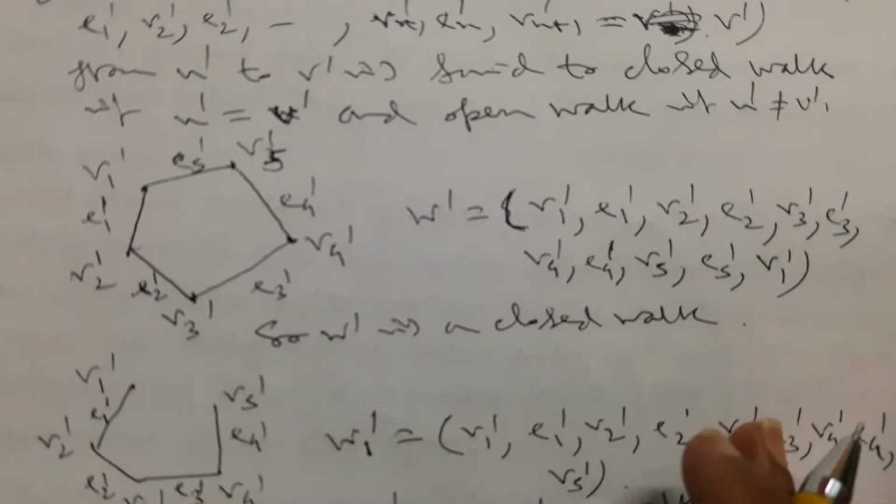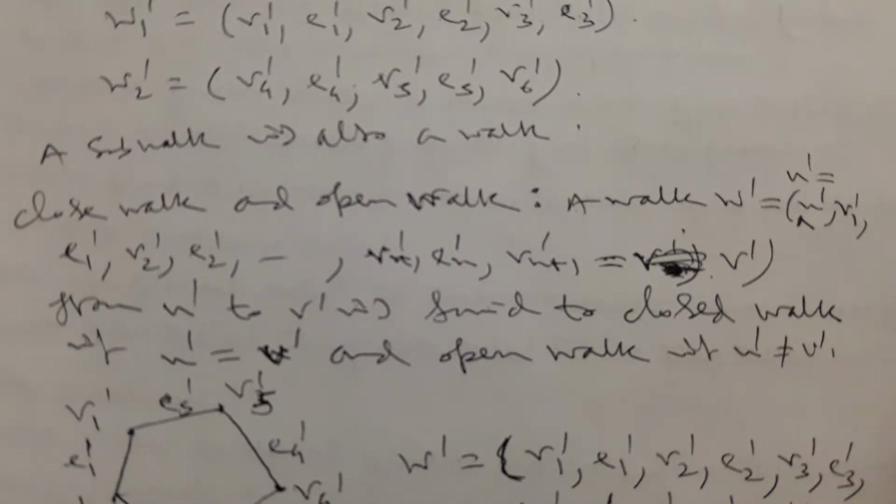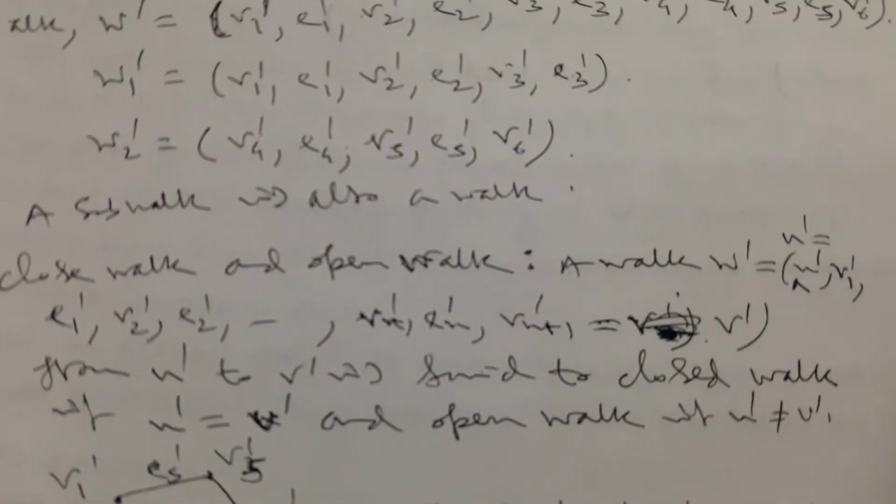In this way we find the idea of closed walk and open walk. Now we get some idea about the concatenation of two walks.